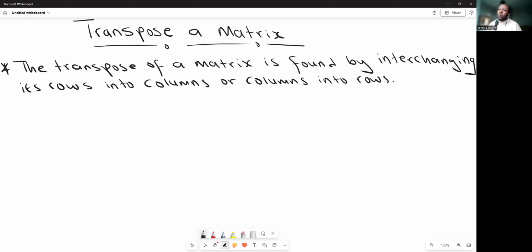So what I'm trying to say is that the rows become the columns and the columns become the rows. For instance, the first row becomes the first column.